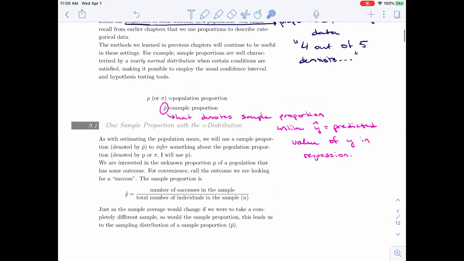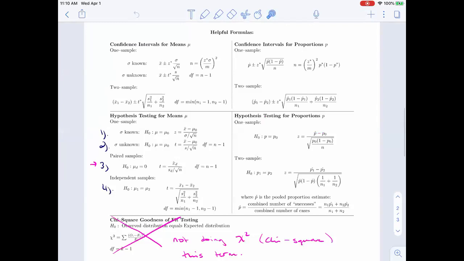Here we go a little bit astray because we've got this p to represent our population proportion. And I'm pretty sure, on your formula sheet, you're in this section on the back side, and notice that we've used P for the population proportion.